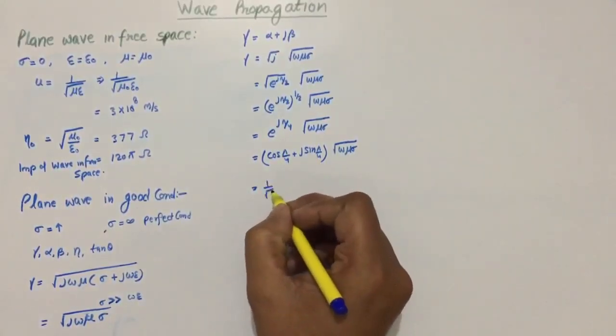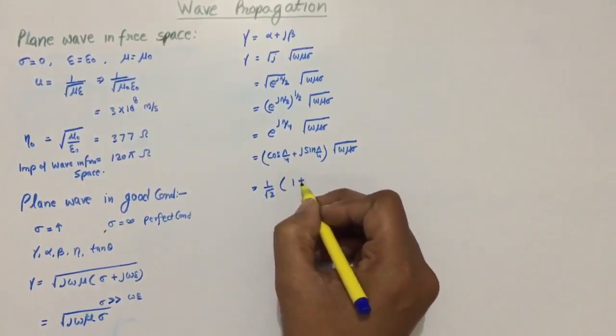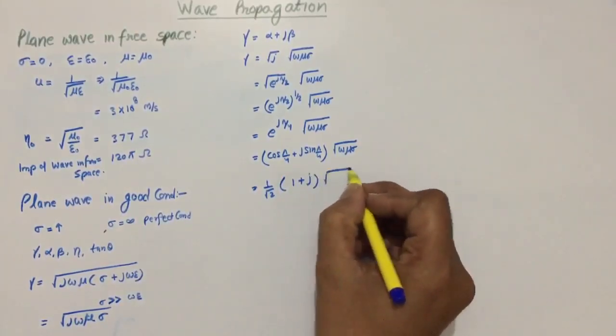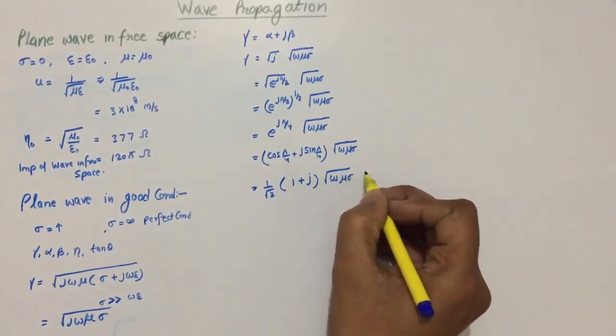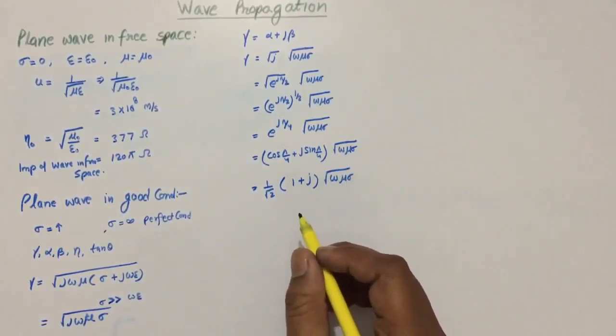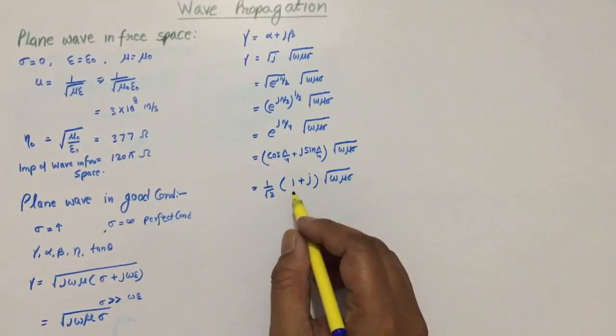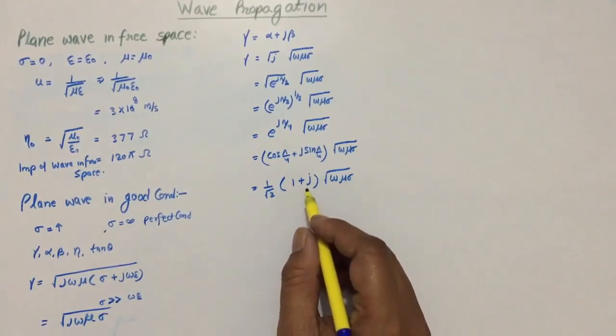So taking 1 by root 2 outside, it will be (1 plus j) times root of omega mu sigma. In this way we are able to simplify this in the form of constant plus imaginary part.